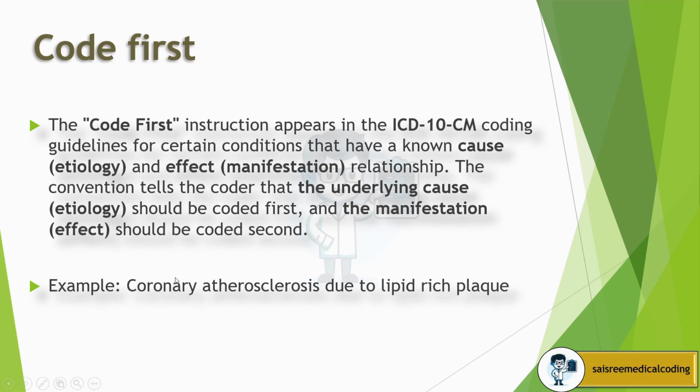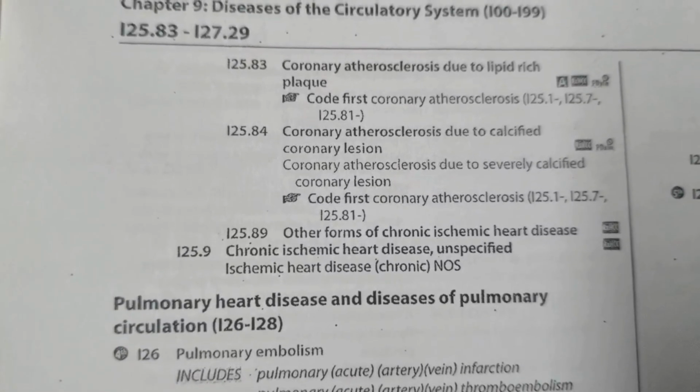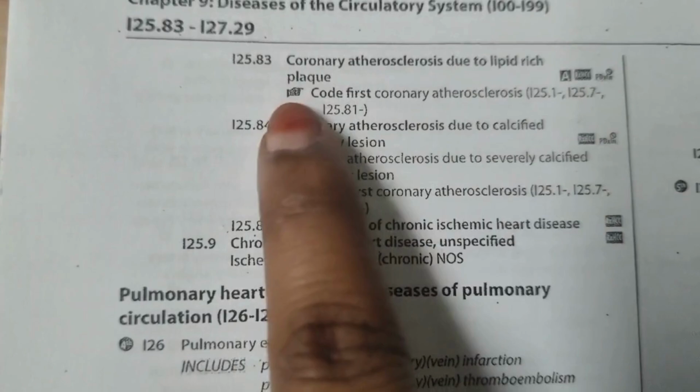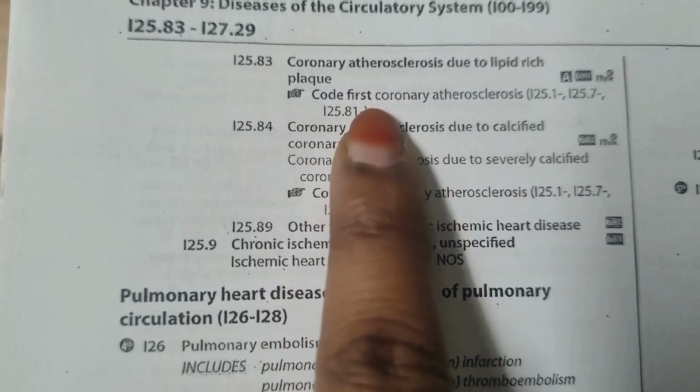And I have given an example of coronary atherosclerosis due to lipid rich plaque. I'll show you this example in the ICD-10-CM manual. So this is the example of code first convention. Under this you can see a convention called code first convention.